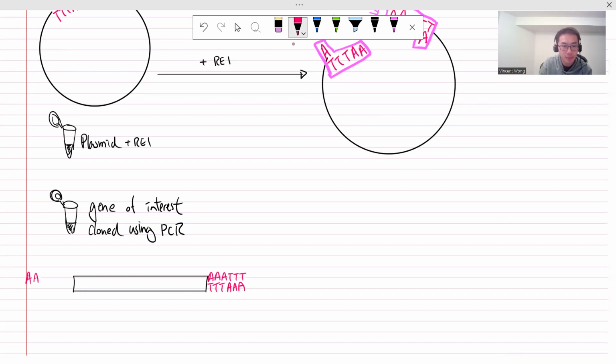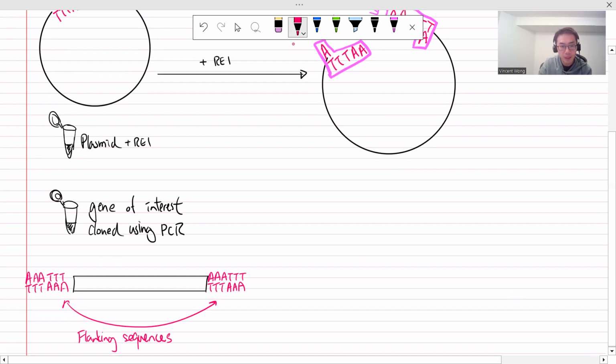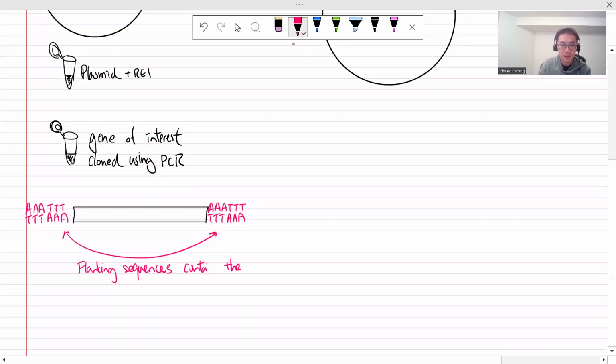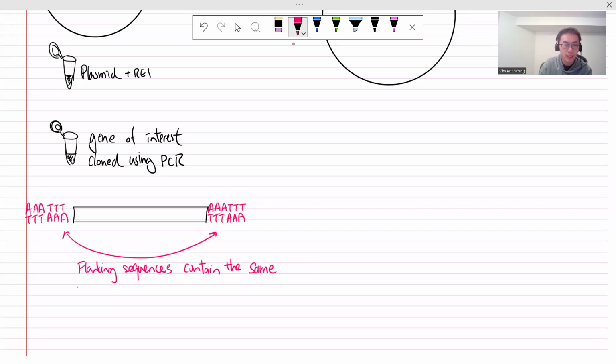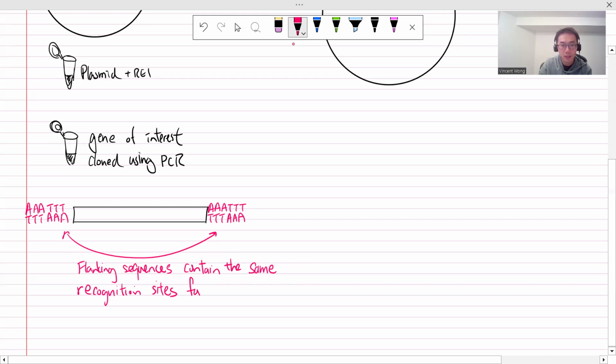Same thing over here. So these are flanking sequences that contain the same recognition site for restriction enzyme 1.